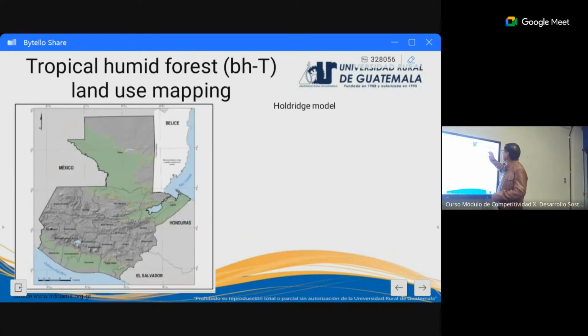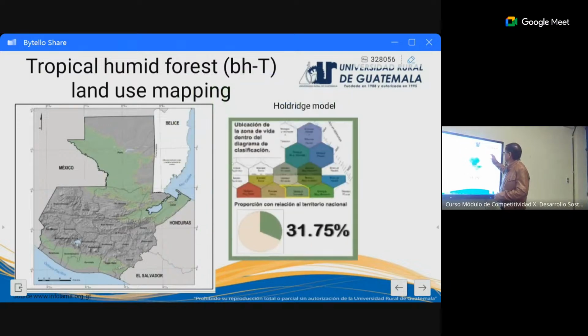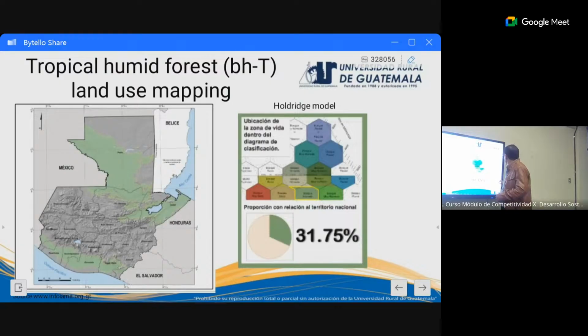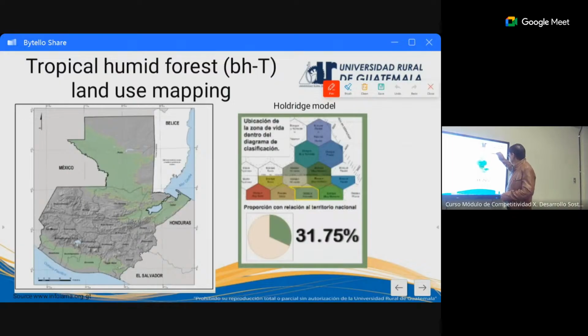We have a map here on the Holdridge model. Let's check some information and characteristics here. This is the Holdridge model. Remember that this is the model that we are studying today, and it represents 31.75% of the total national territory.